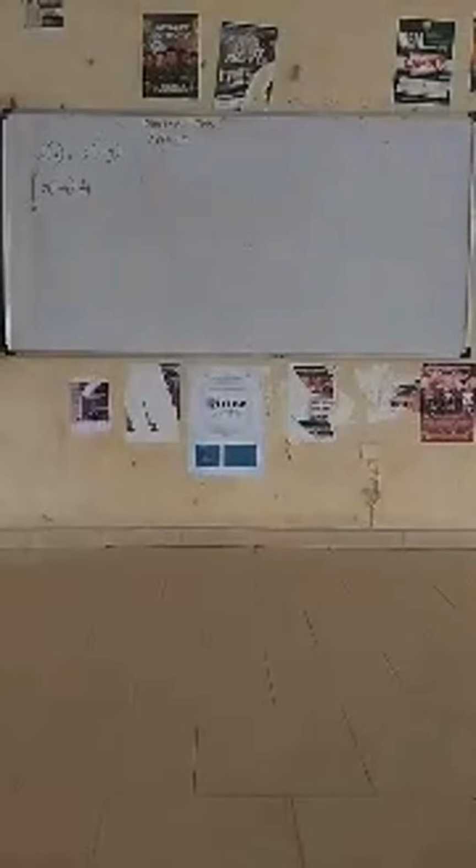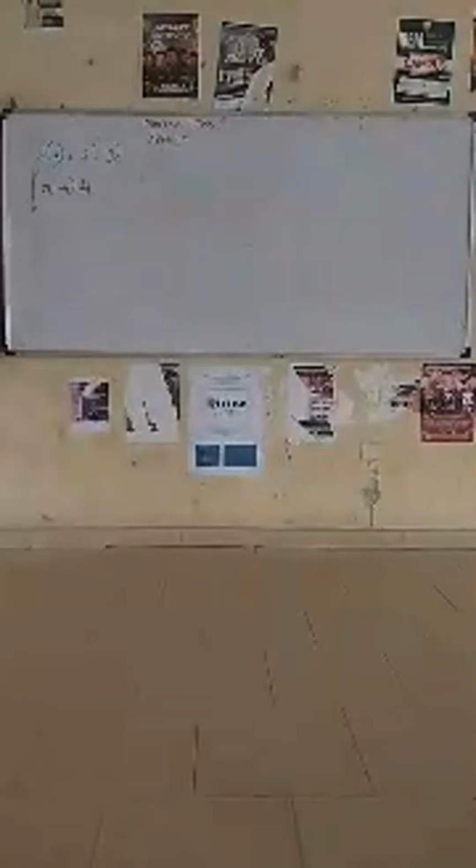Now we have to check, is it valid? You can also see a question like that: is it valid or not? How do you know if a continuous random variable is valid?